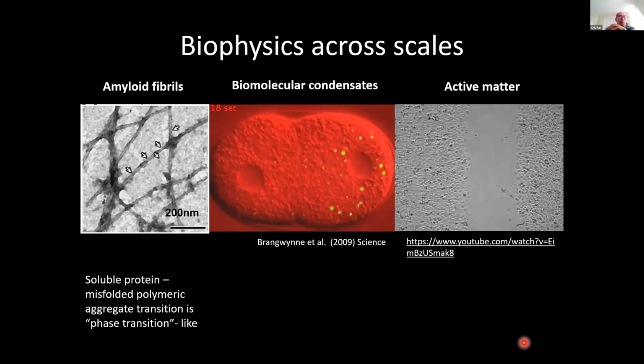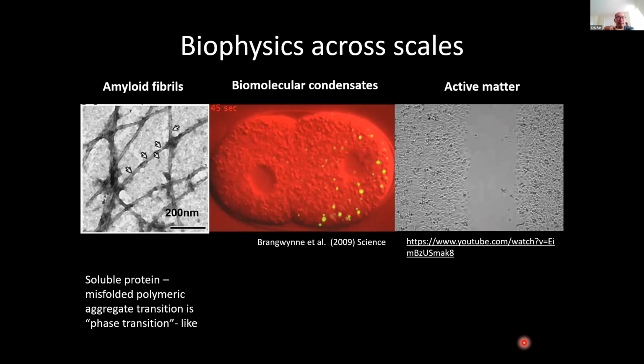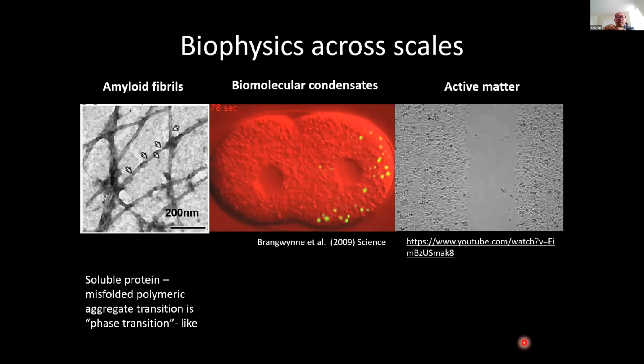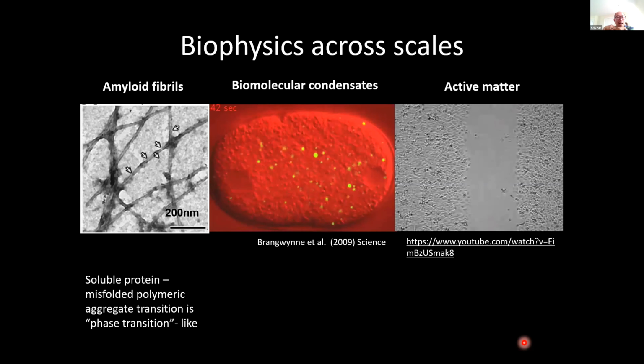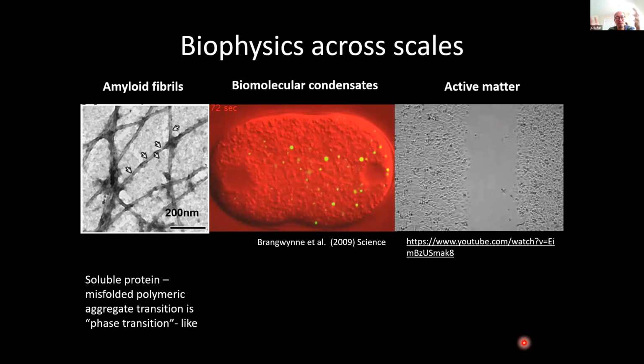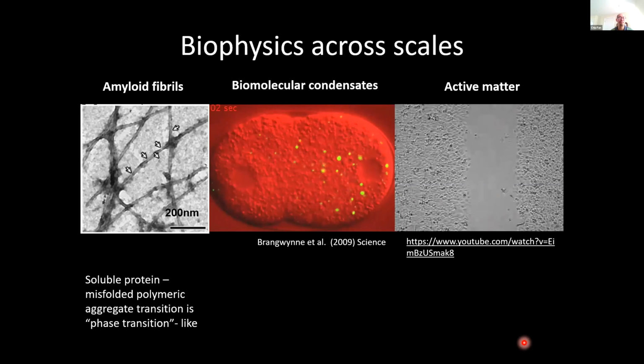And now we realize, relatively recently, since 10 years ago, that these P granules are formed via phase separation, very much like oil droplet formation in your salad dressing in any aqueous solution, for example.